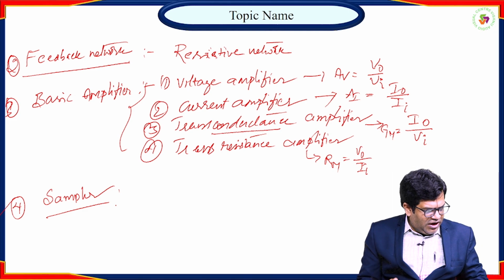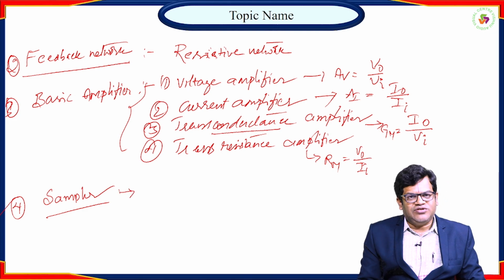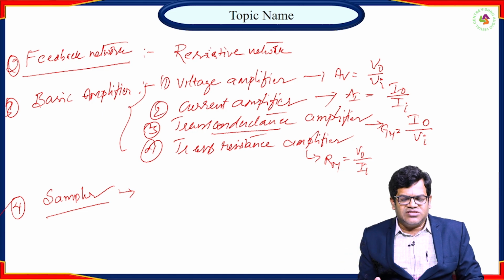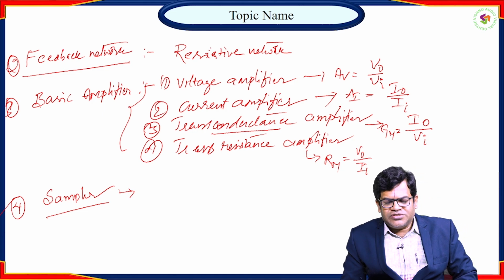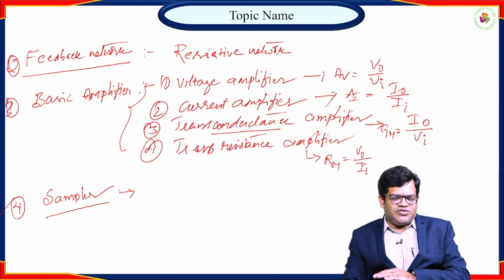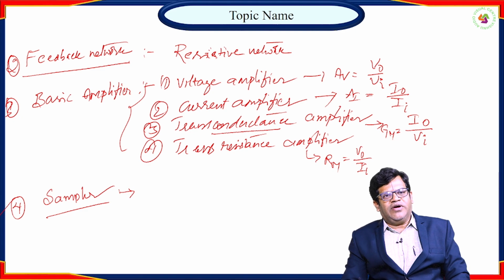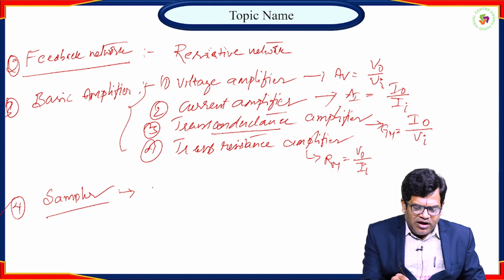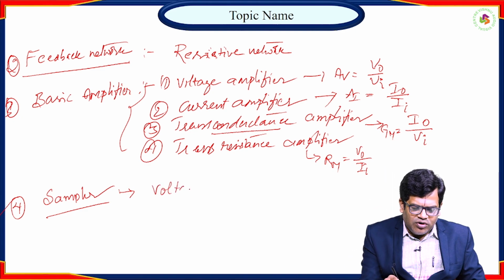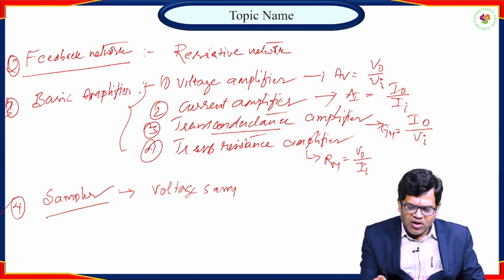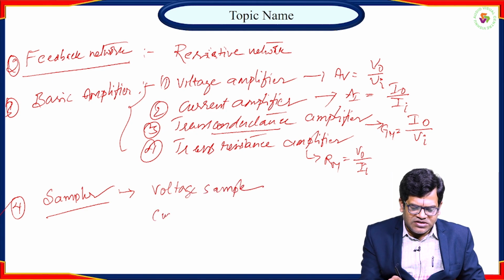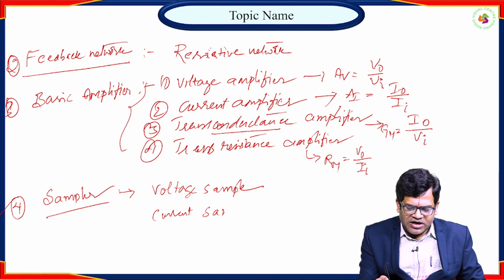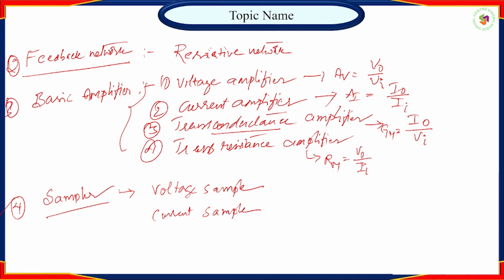Sampling can be of 2 kinds, with respect to the amplifier outputs. It could be either current or voltage that is obtained as the output from the amplifier. So accordingly, you can either have a voltage sample or a current sample that can be used to feed the input of the feedback network.